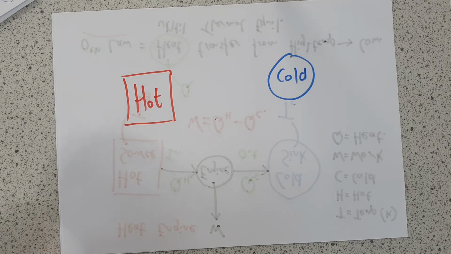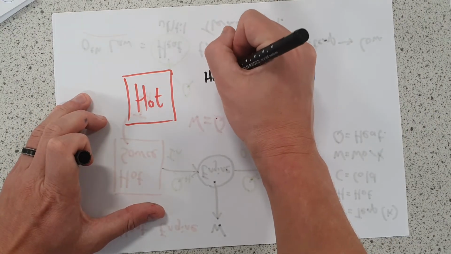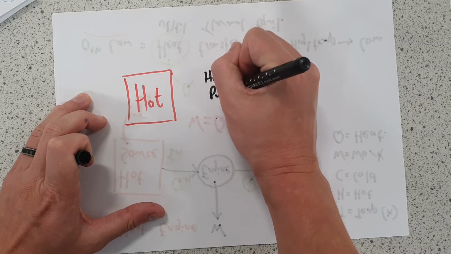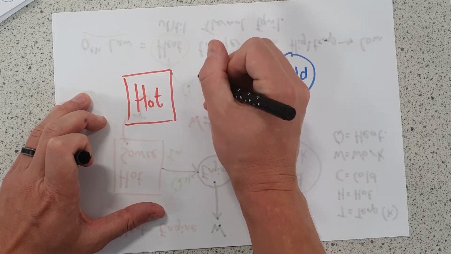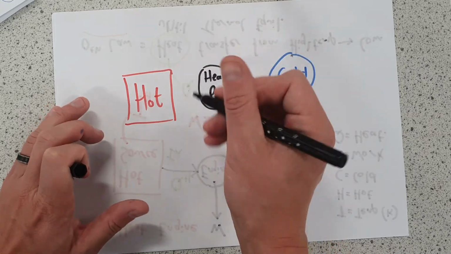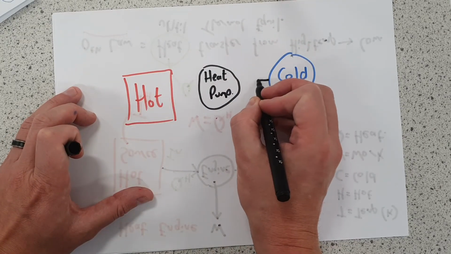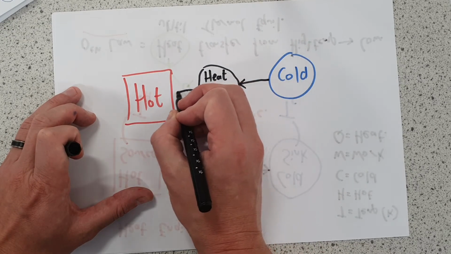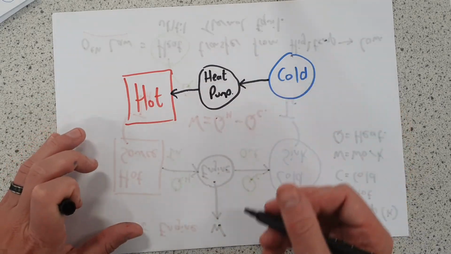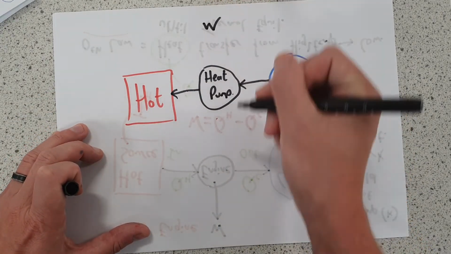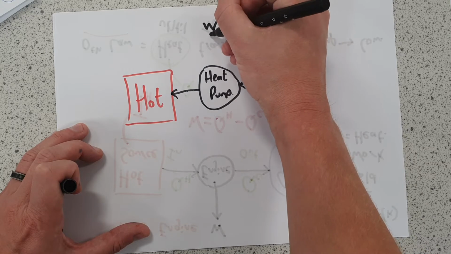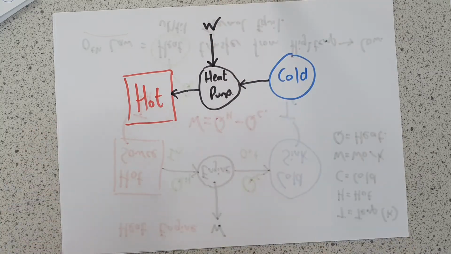And we can stick something called a heat pump in the way, and a heat pump allows us to move the heat, or the heat and the energy, in the opposite direction. In order to achieve this, there's still work involved, but the work goes into the system.